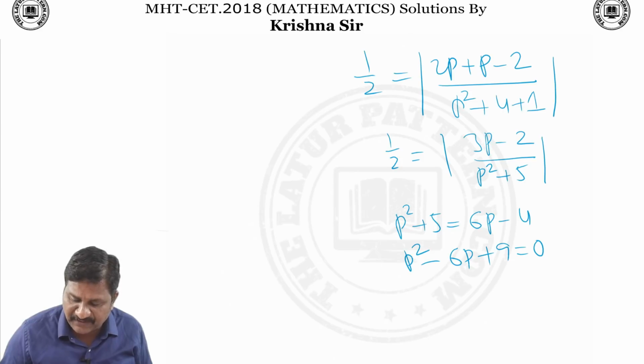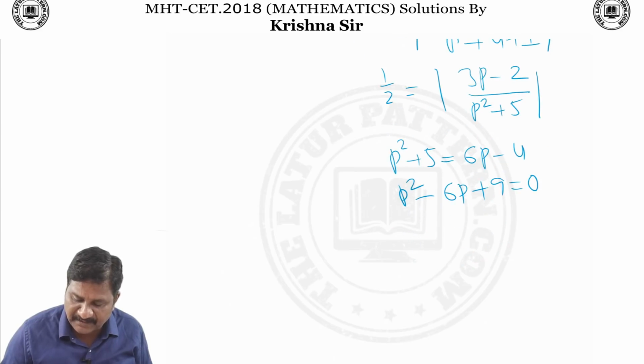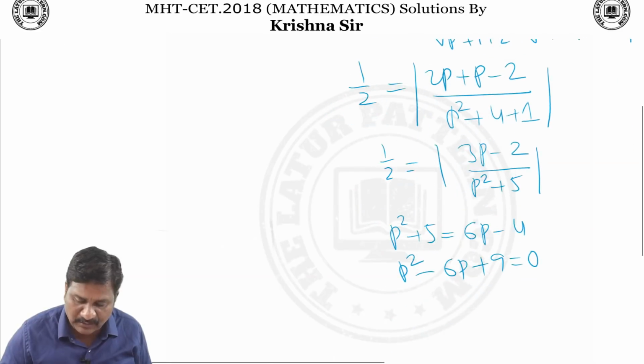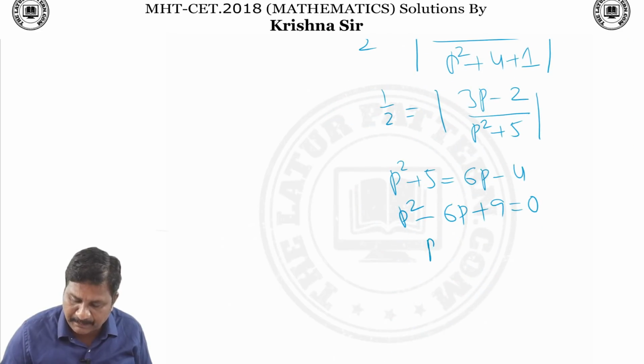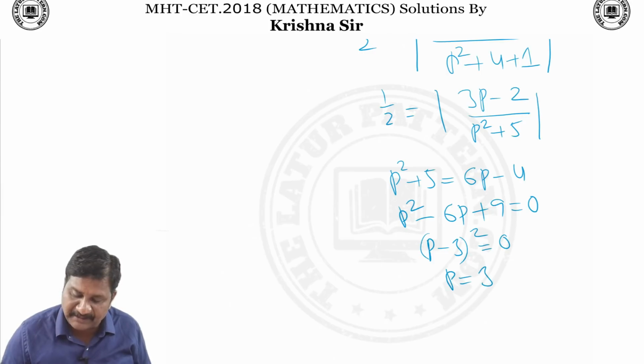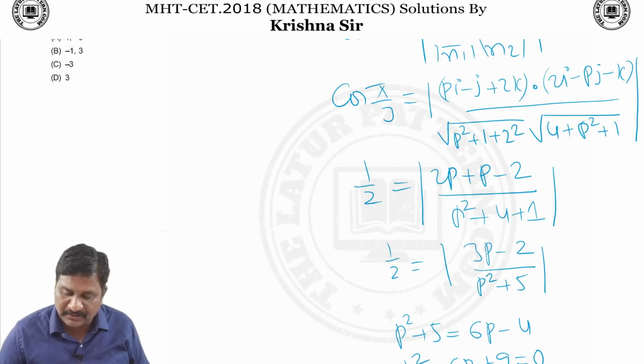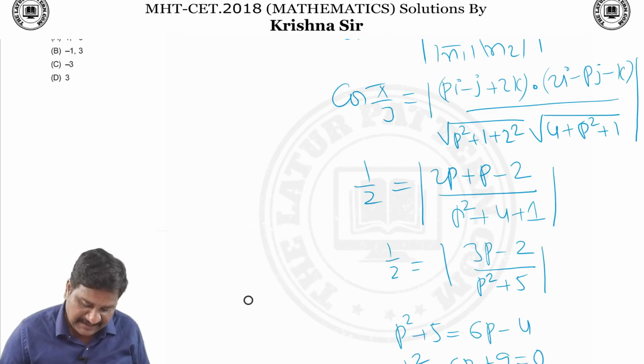Then the factors are (p minus 3) whole square, and we want to find the value of p. So (p minus 3) whole square is equal to 0, so p is equal to 3. So by the given options, the answer is D.